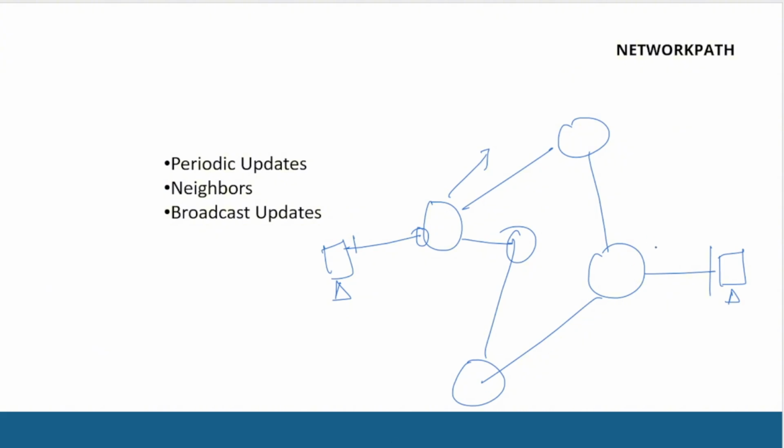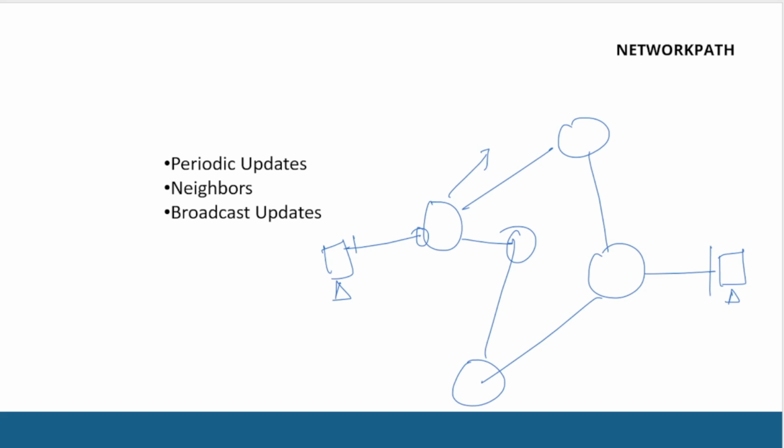And that is why this problem occurs very often if the convergence time is too much, right? And this condition seems to be like a black hole, as you are sending your traffic but it is going nowhere, as the system was connected a few seconds ago or maybe a few minutes ago, and your router has not yet converged it, right? So this is one of the important problems that we need to address, right?